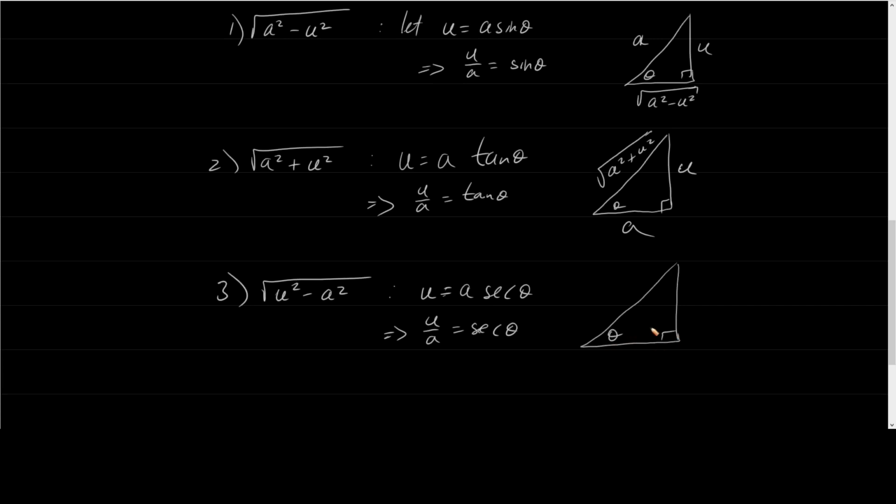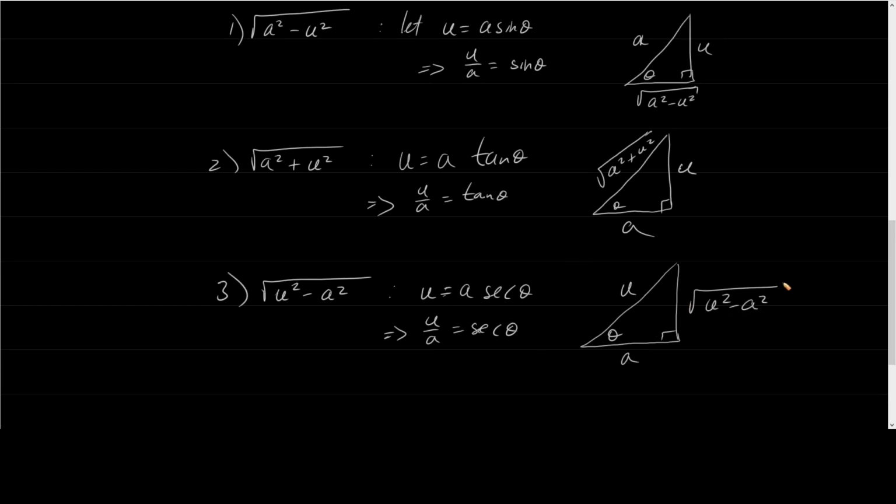Secant is the reciprocal of cosine, so cosine from SOHCAHTOA is adjacent over hypotenuse, so that would mean that secant is hypotenuse over adjacent. So we have the hypotenuse, here's the adjacent. That tells me that the remaining side will be the square root of u squared minus a squared.